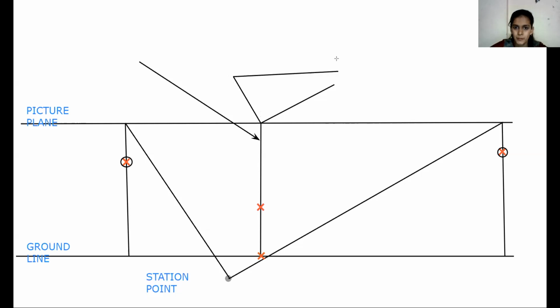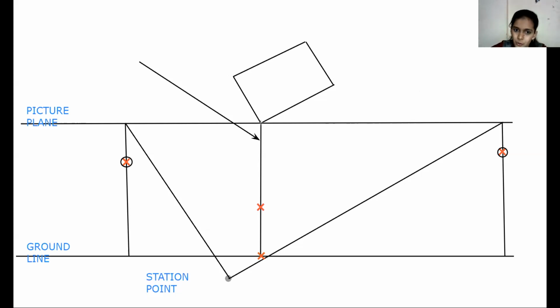I'm just going to complete this rectangle only. I'm not going to draw a door or a window or chhajja again. This is the outside rectangle of our plan.